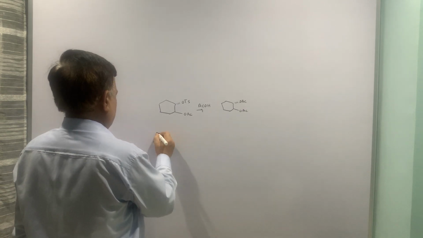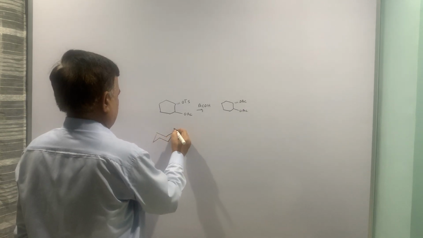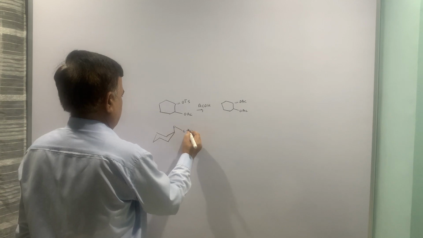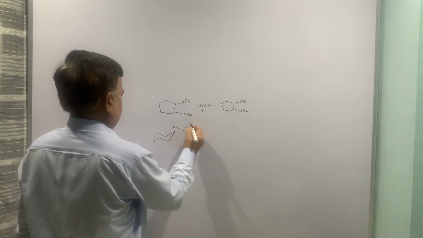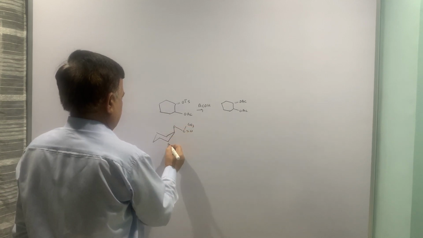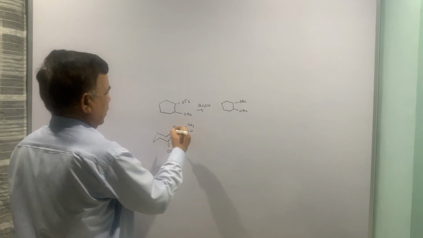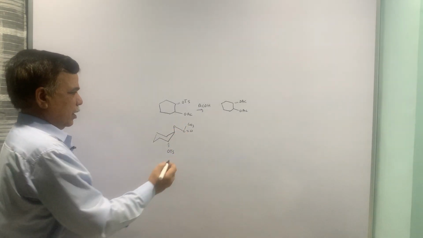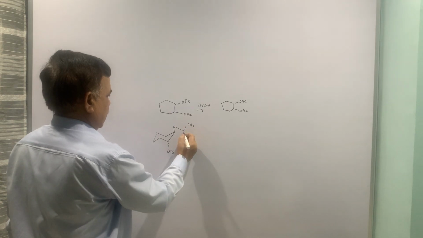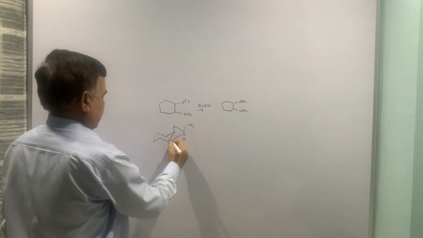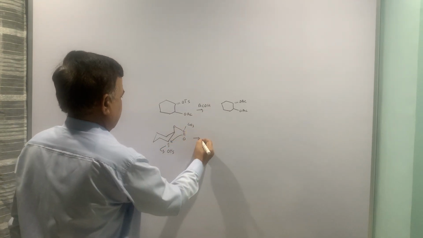So let me draw OCOCH3, that is acetate, and now here it is tosylate. Relative position is 1 2, so you can draw it like this. And now I will draw carbonyl here, that is to show that NGP is there.